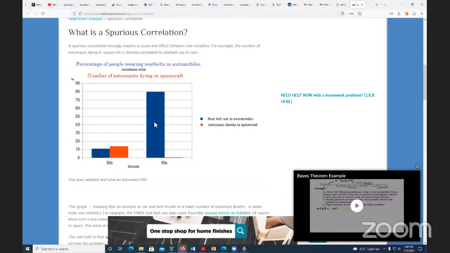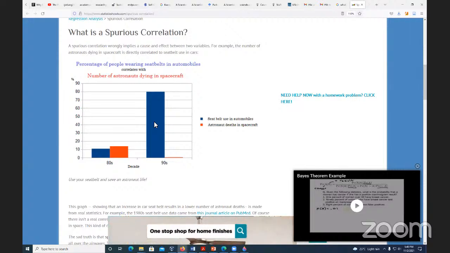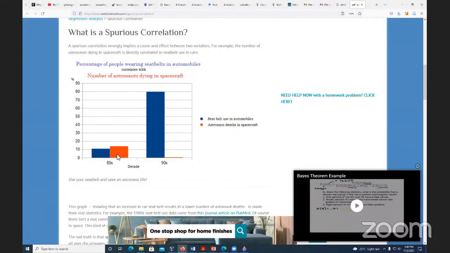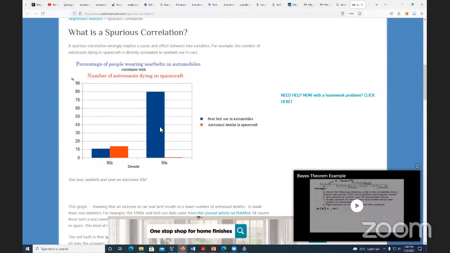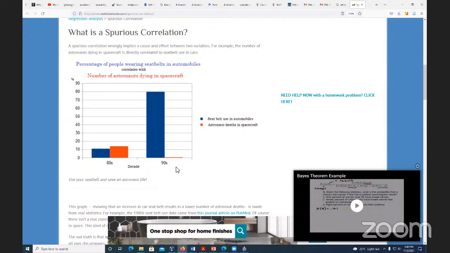And apparently this is a correlation. Then seatbelt use went up and the astronaut deaths went down. Oh dear. So what do you think?